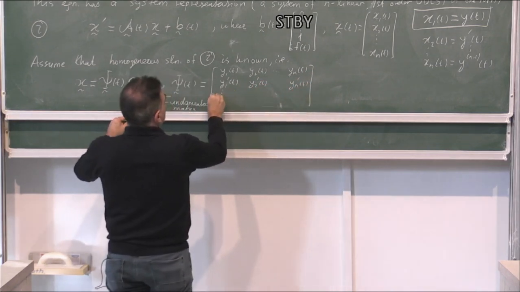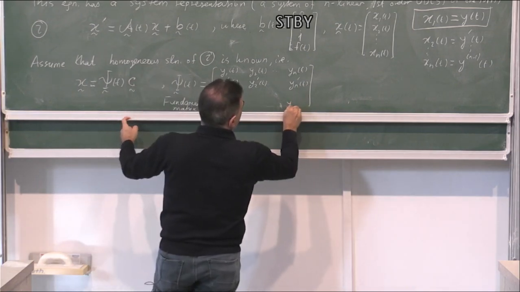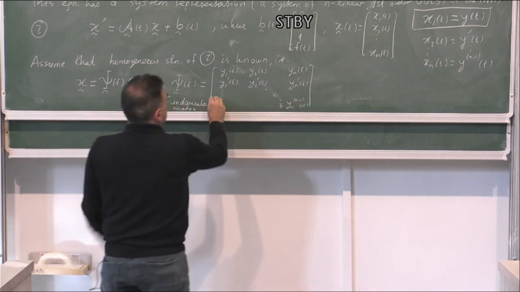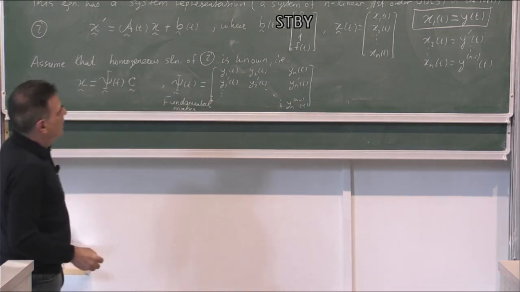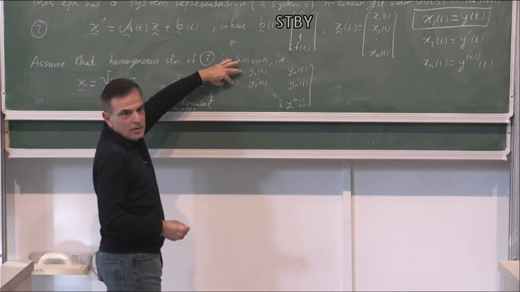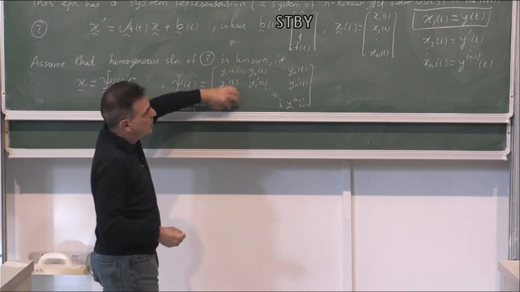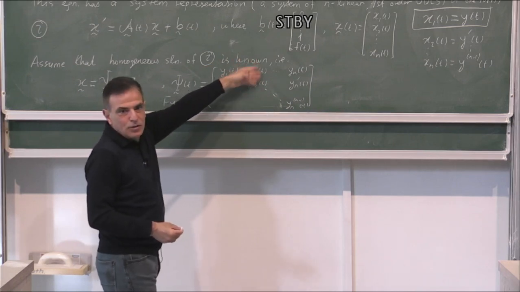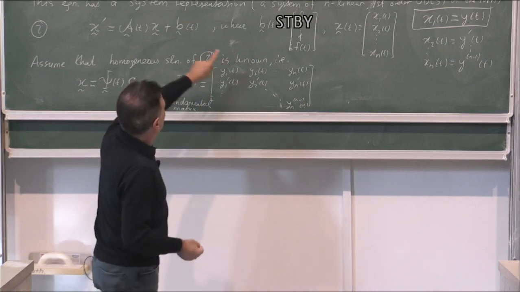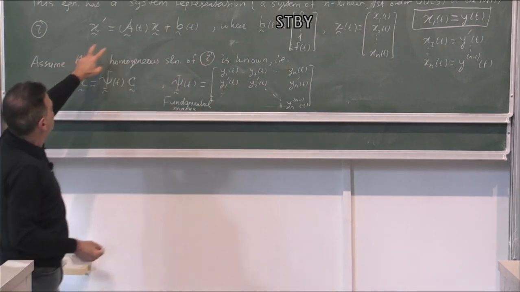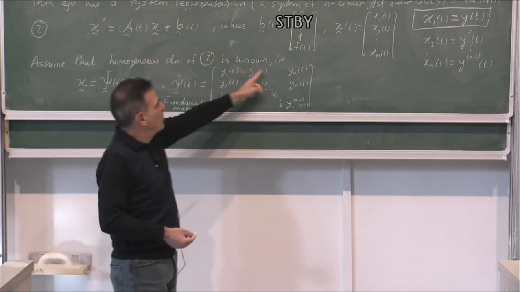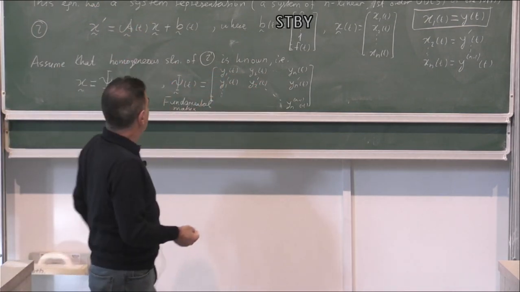Okay? Continuing in this way, here is yn to the (n minus 1) of t. Good. In fact, this is x1 prime, or x2, so on. Here is another solution. This is x1. This is its solution, and so on. So when we consider the system representation of the nth order ODE, a fundamental matrix looks like that.